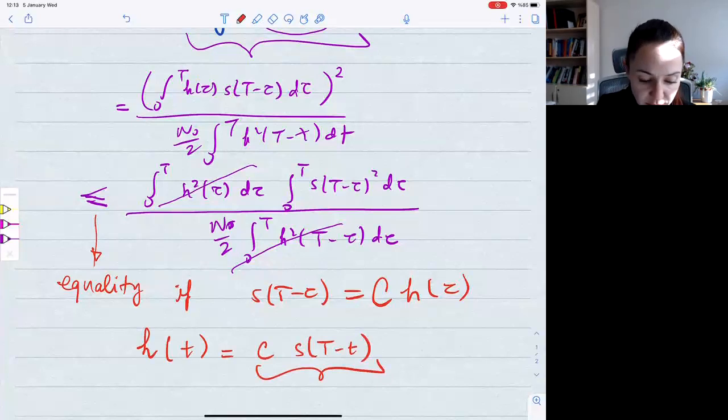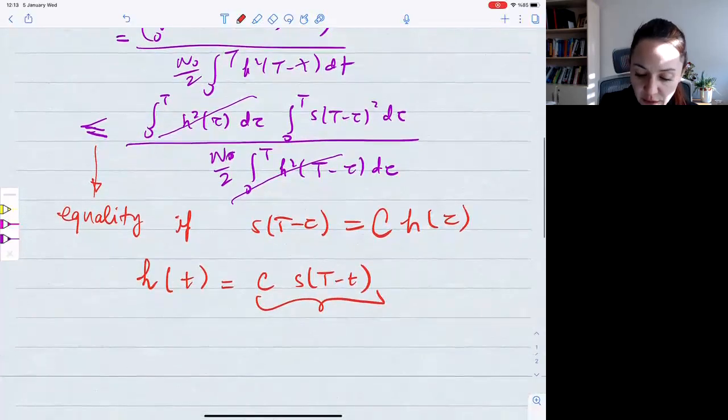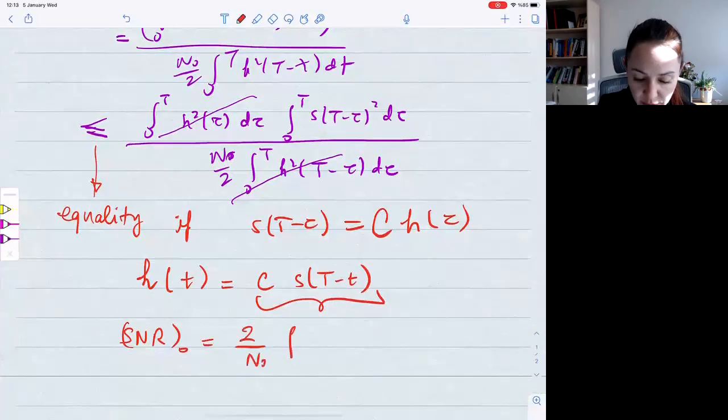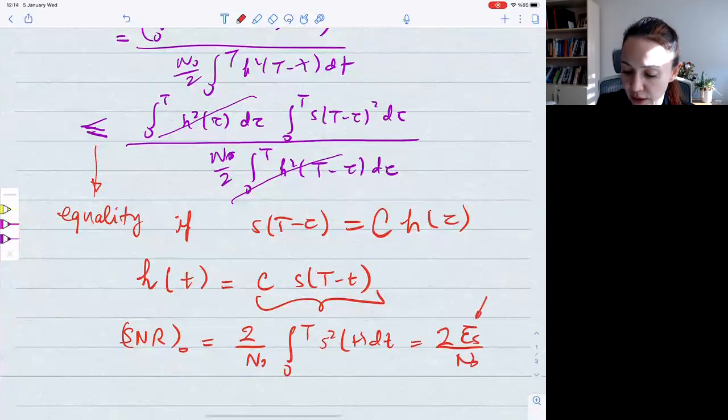And the constant here does not really matter; it will drop out of the SNR. The SNR out resulting from this is 2 over N0 times the integral from 0 to T of s squared of t dt, which is 2Es over N0, where Es is the symbol energy. So no matter what pulse shape we use, the SNR at the output of the matched filter is given by the symbol energy divided by N0 over 2, which is very convenient.